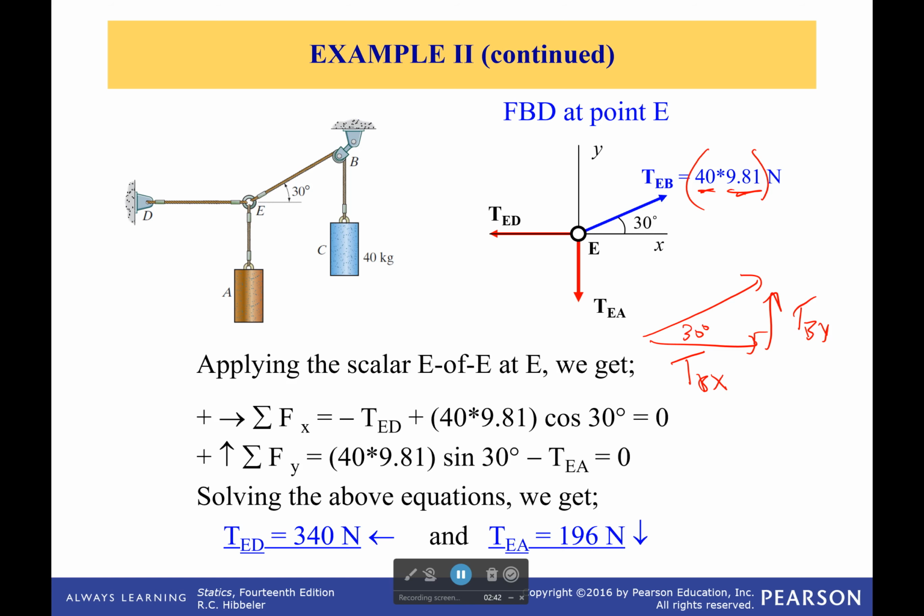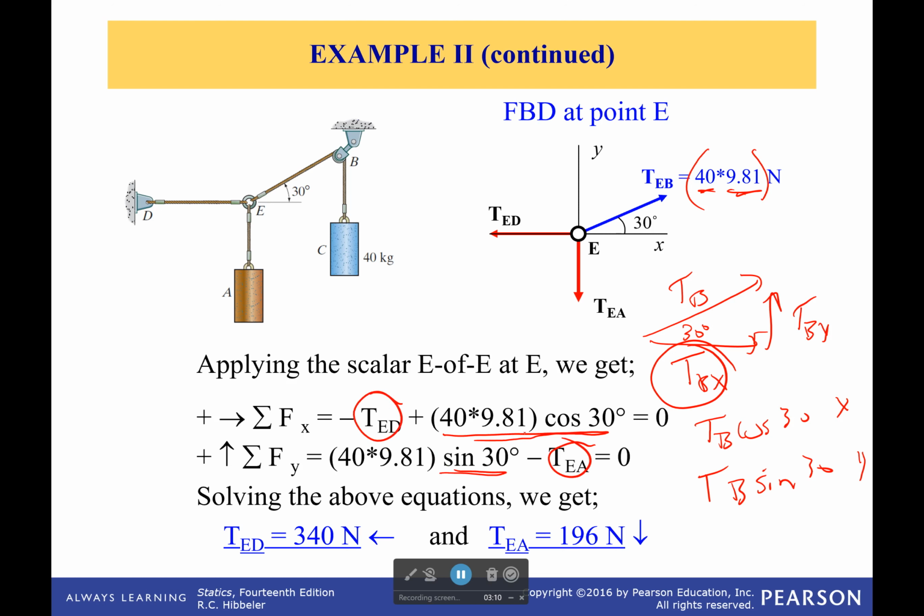And what we find out is that TBX is on the adjacent side, so that would be equal to the tension B times cosine of 30, and TBY is on the opposite side, so it would be TB sine of 30. So this would be for the X, this would be for the Y. And you see that has been placed right here. In the X equation, we have cosine of 30, and the Y equation, we have sine of 30. That leaves us only two unknowns. We have two equations, and therefore we're able to solve.